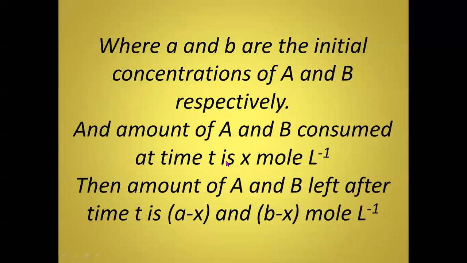Then the remaining amounts of A and B are A minus x and B minus x. These are 2 important terms: A minus x gives the change in concentration of reactant A, and B minus x gives the change in concentration of reactant B.